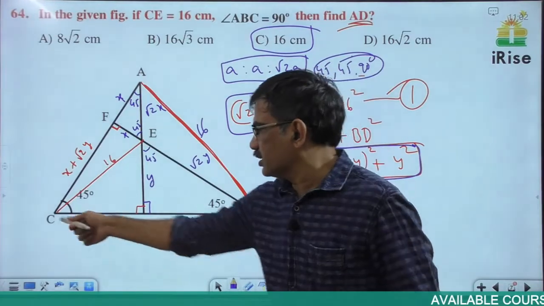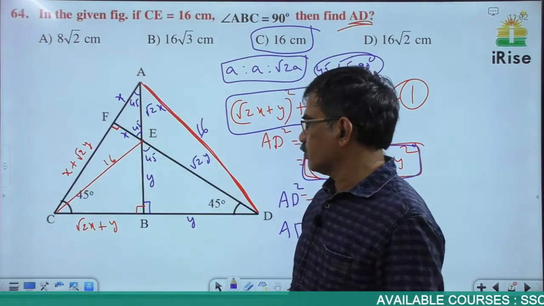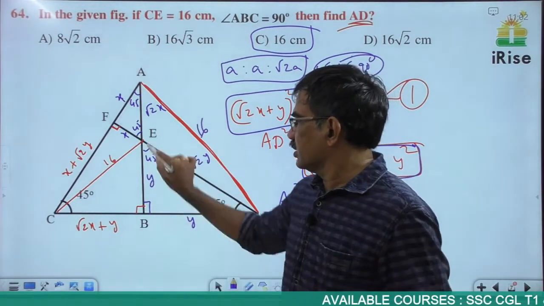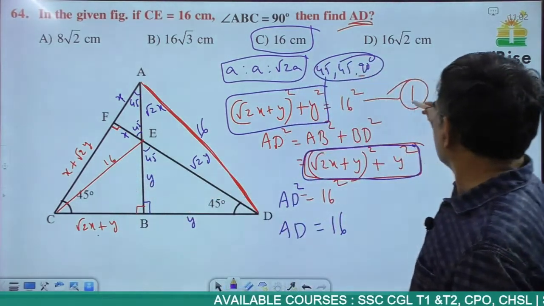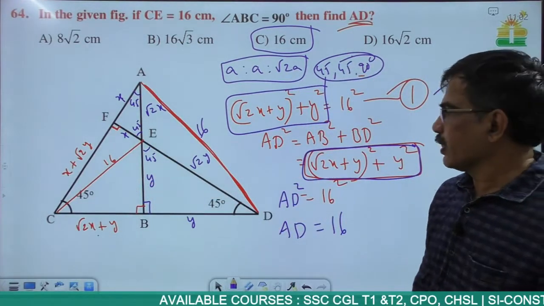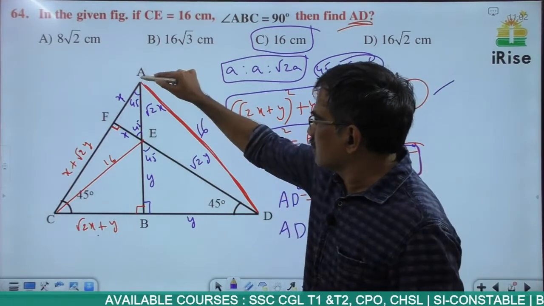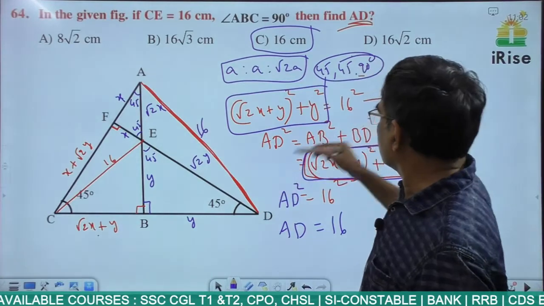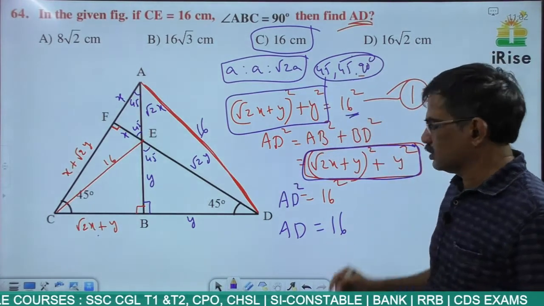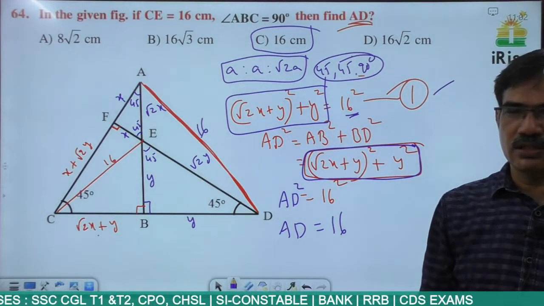This total length is the same as this length, √2x plus y. This is a right angle triangle. Square of this plus square of this is equal to 16 square, equation 1. To find AD square, √2x plus y whole square plus y square, same as this one, 16 square. So AD is equal to 16. Next question.